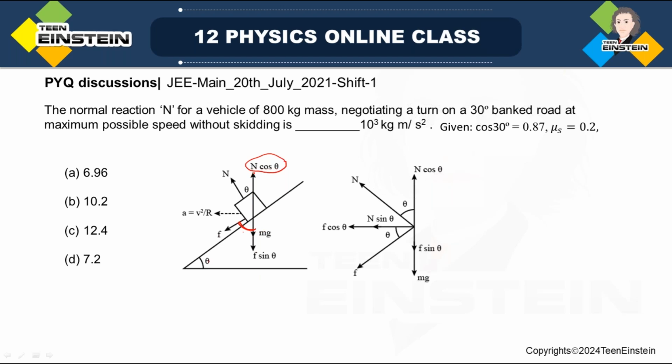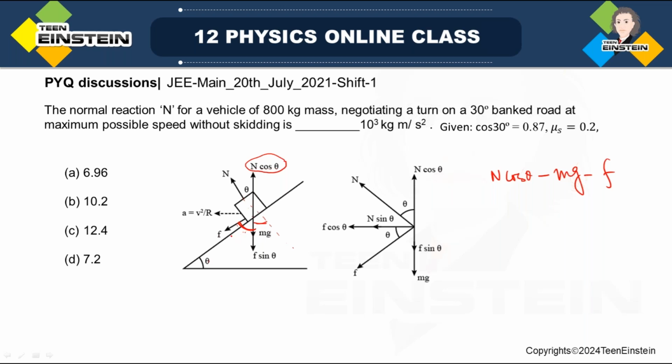If we see the balance of the forces in the vertical direction itself, then we'll get the normal reaction. See how we can get. We'll get n cos theta minus mg minus f cos theta. Theta will be this angle; this is 90 minus theta.